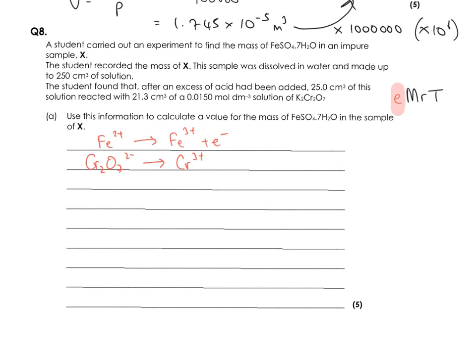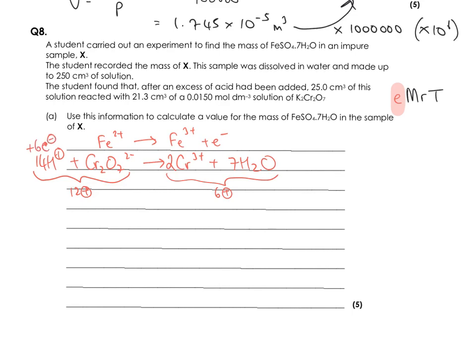It's quite a common mistake to forget that, so make sure you balance the chromiums first, then balance the oxygens with water, then balance your hydrogens with H+ ions, and then balance the charge. So on this side, currently it is 12+ overall, and on this side, because of the 2 lots of chromium, it's currently 6+, so you need 6 electrons on this side to balance the charges.